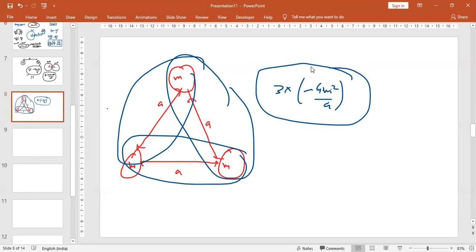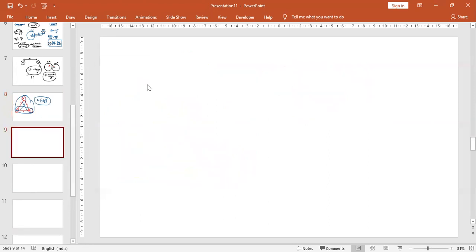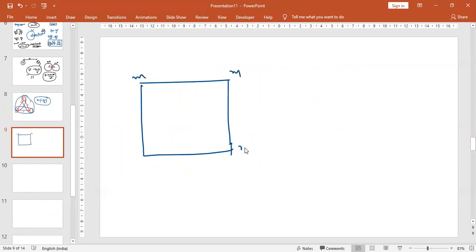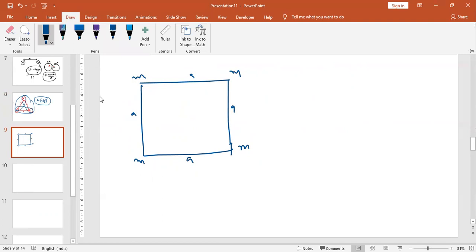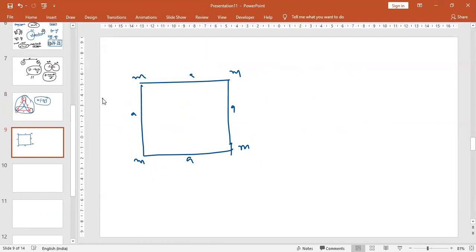It's clear, sir. Clear? So suppose that we have a square. Suppose on the vertices of a square, we have four masses. Suppose the side length is a. So if I ask you, how will you find the total potential energy in the system? So you have to identify pairs.